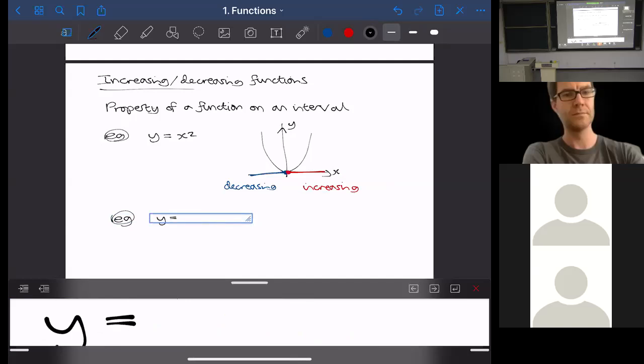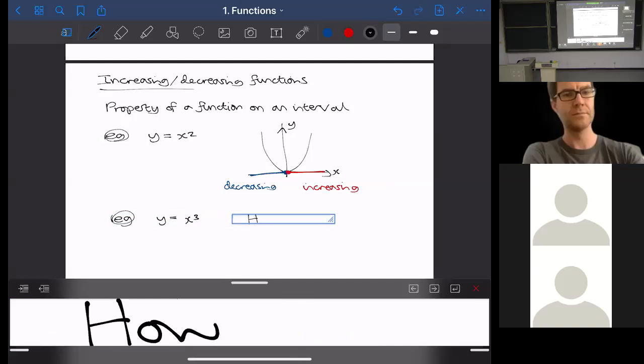So here's another example, y equals x cubed. So how to sketch?